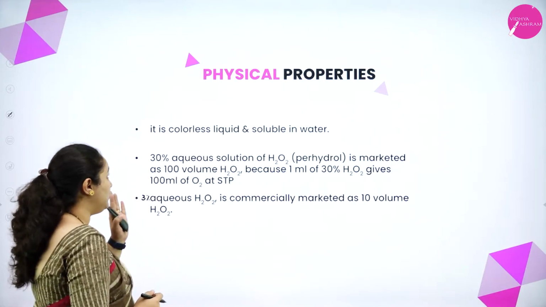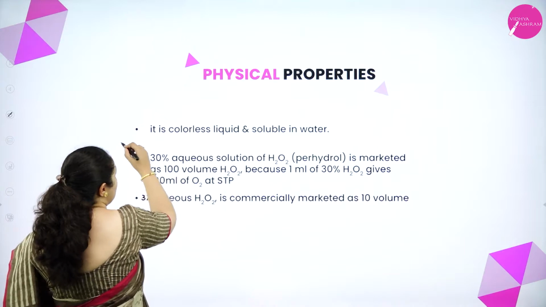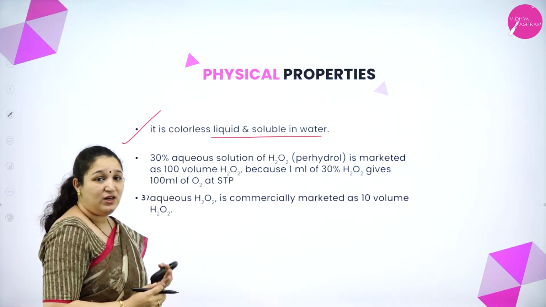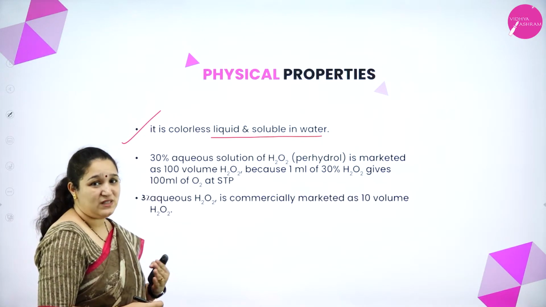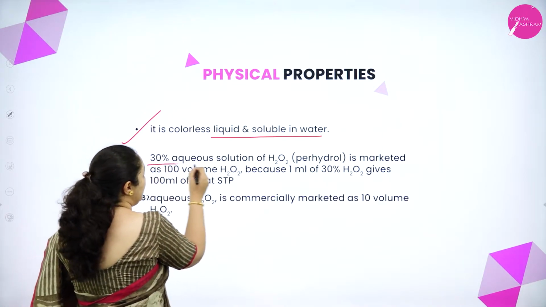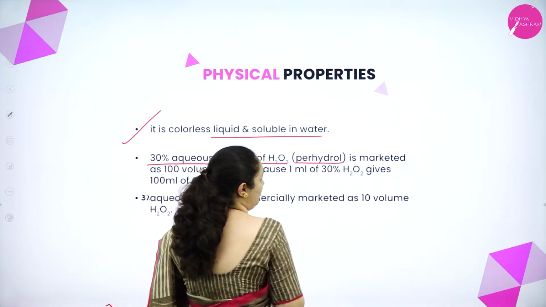Next we are learning about the physical properties. This is a liquid which is colorless and is soluble in water. In market you can get 30% hydrogen peroxide or 3% hydrogen peroxide. Now what is the meaning of 30% aqueous solution of hydrogen peroxide? It's also called as perhydrol.